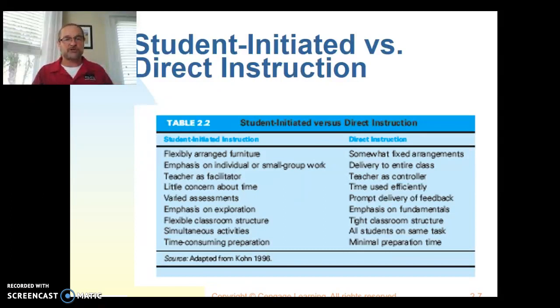Flexibly arranged furniture would be more of a student-initiated instruction type of place, whereas somewhat fixed arrangement would be someone who's a little bit more direct instruction orientated. Student emphasis on individual or small group work, you're going to see a lot more of that in student-initiated instruction than you will in direct instruction. Teacher as controller, that's definitely a direct instruction type of mindset, whereas teacher as the facilitator is student-initiated instruction.